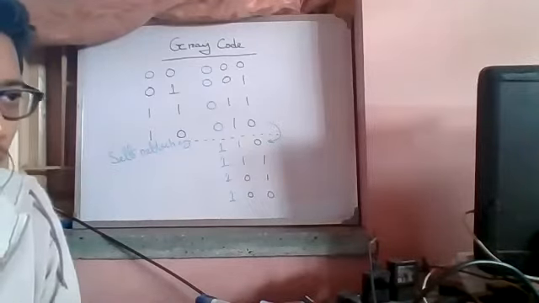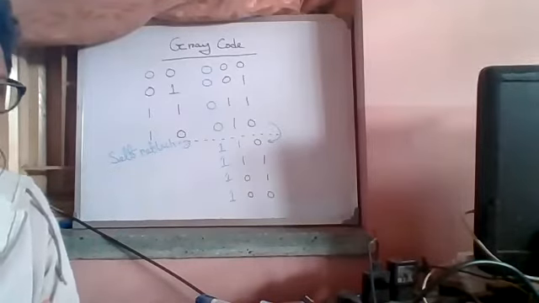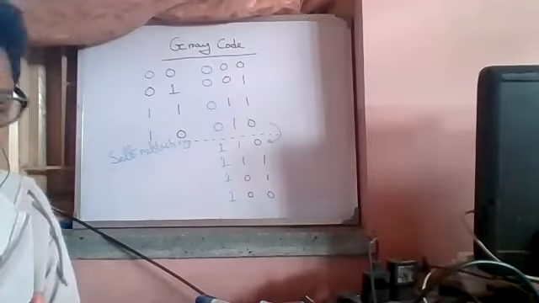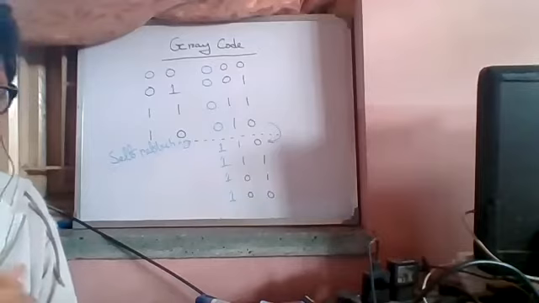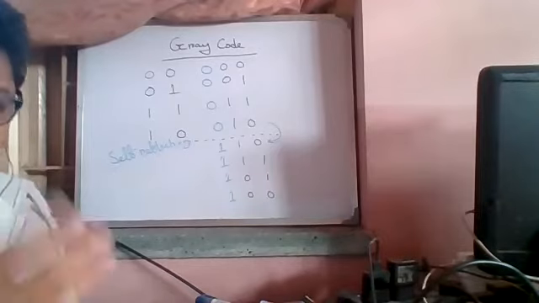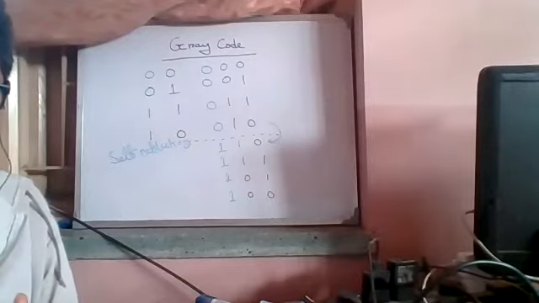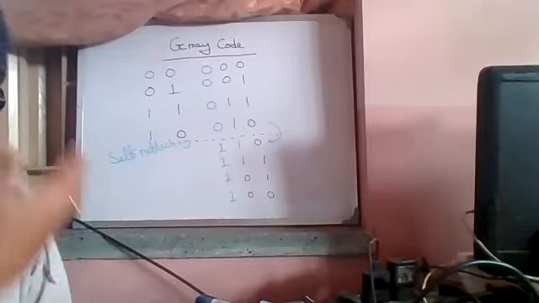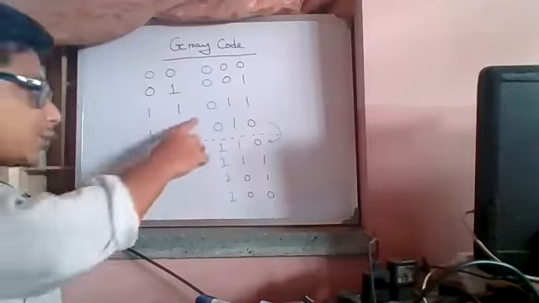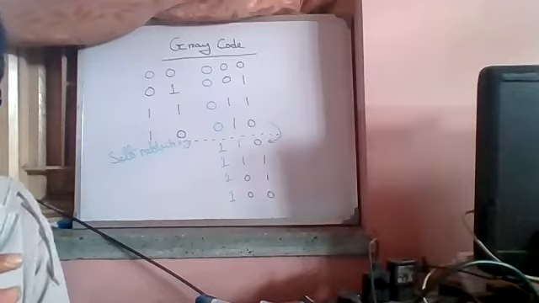Actually, what we do in binary is we always try to differentiate between states. If those states change by several bits, that will be easier for any device to capture the changes. Here in Gray code, only a single digit is changing from one state to another, and that is a bit of a disadvantage for these codes.